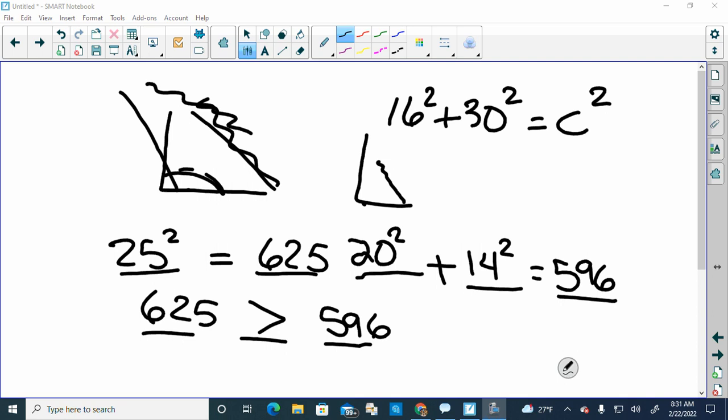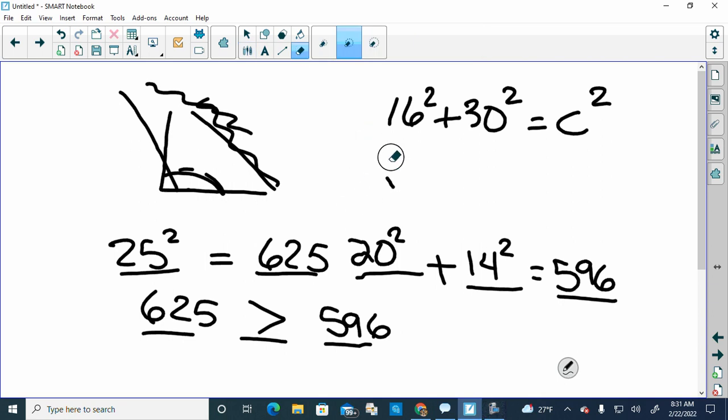What'd you get for 1? 34. Do I need to do that one on the board? Okay, so squaring 16. If we square 16, we get 256.